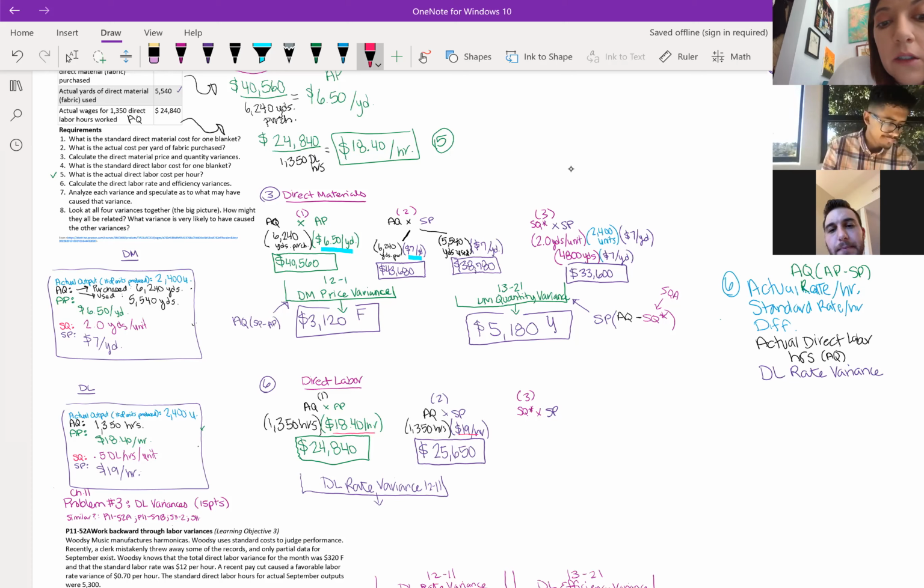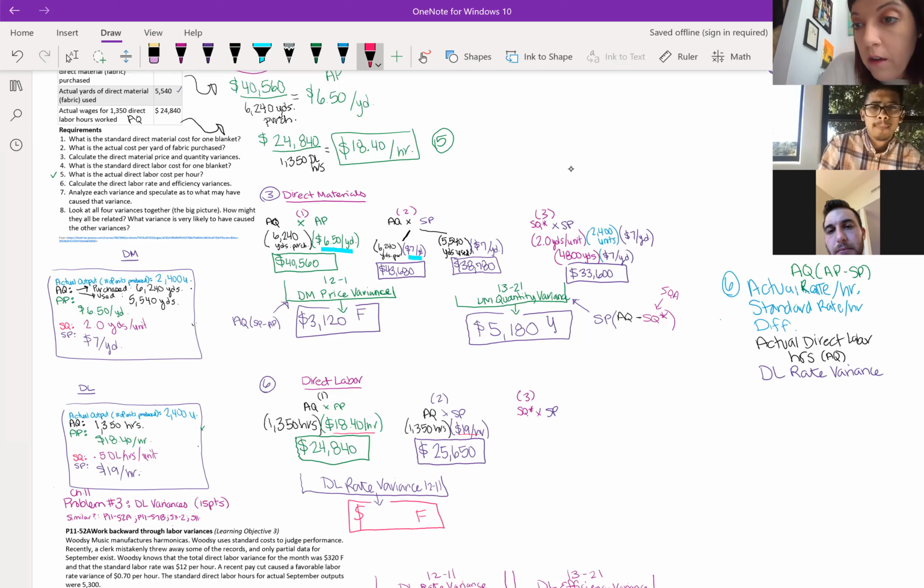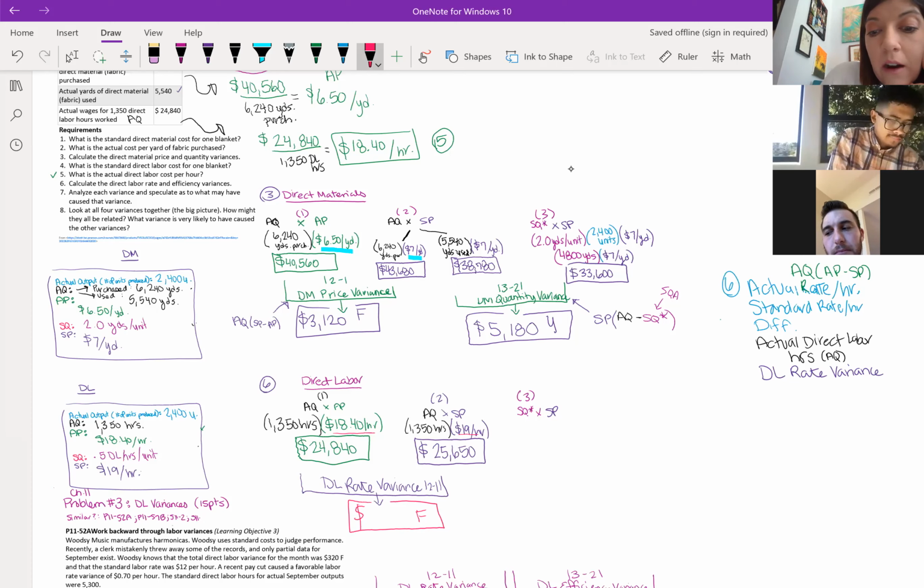Less by 60 cents, right? Per hour. So we're going to have a favorable rate variance. Maybe they use lower skilled employees than they were anticipating, or training employees, so they have a lower rate because they're in training. So the variance is going to be how much? 810. 810 favorable.